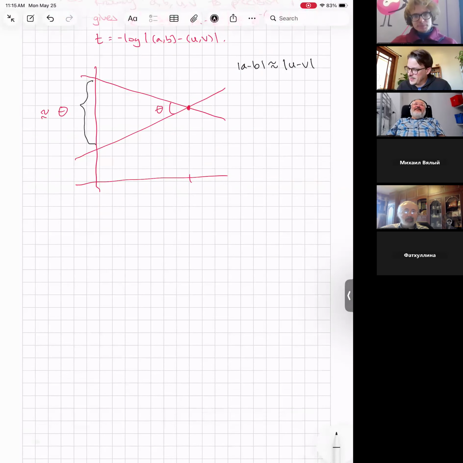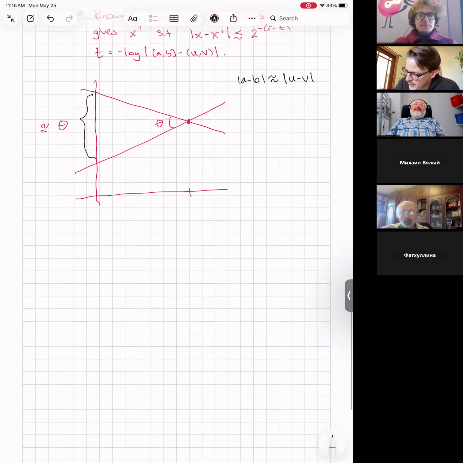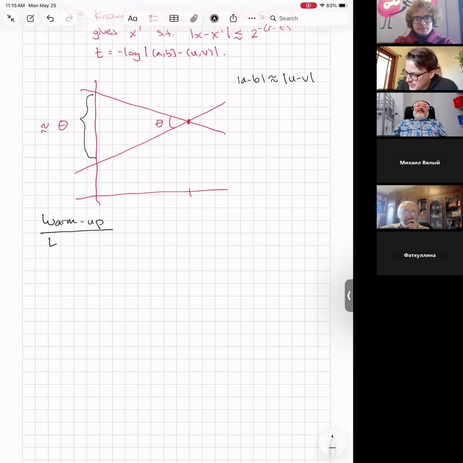So as a warm up, we'll assume: let x be in [0,1], which is random relative to AB.